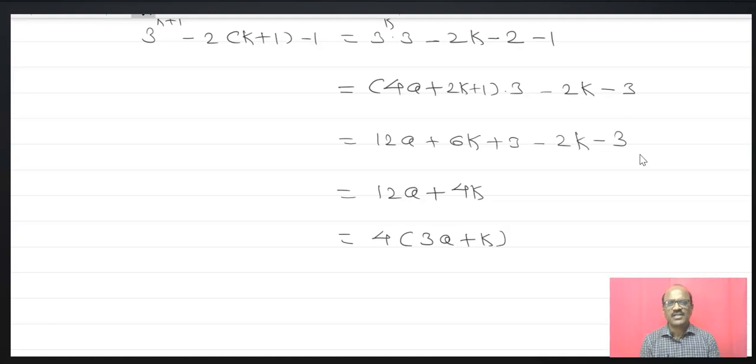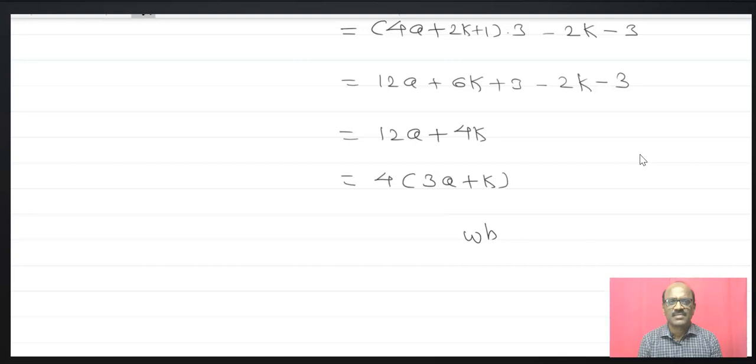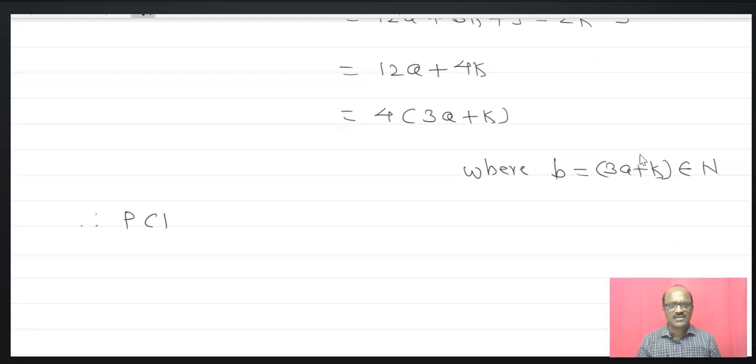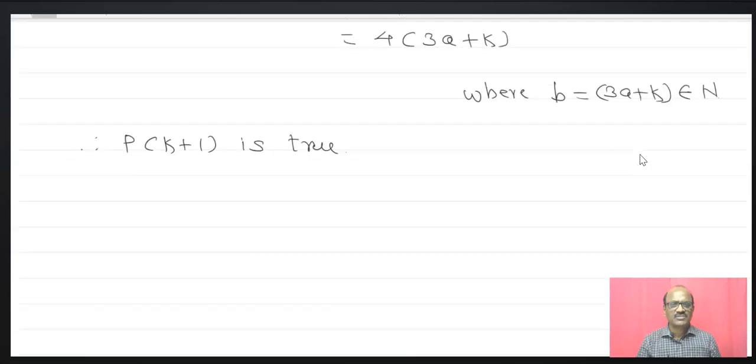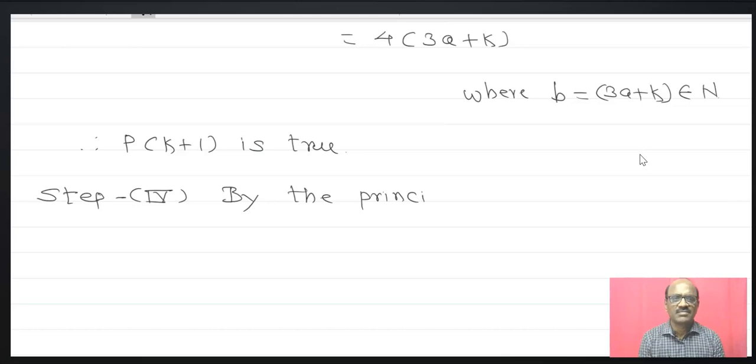Take 4 as common, then in bracket you will get 3a plus k, where b is equal to 3a plus k, which belongs to the set of natural numbers. Therefore, P of k plus 1 is true. And now the induction is complete. And hence, by the principle of mathematical induction.